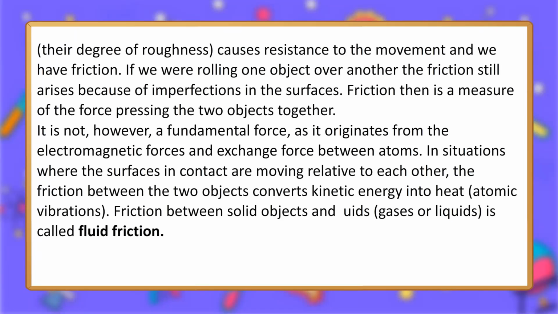It is not, however, a fundamental force, as it originates from the electromagnetic forces and exchange force between atoms. In situations where the surfaces in contact are moving relative to each other, the friction between the two objects converts kinetic energy into heat, atomic vibrations.